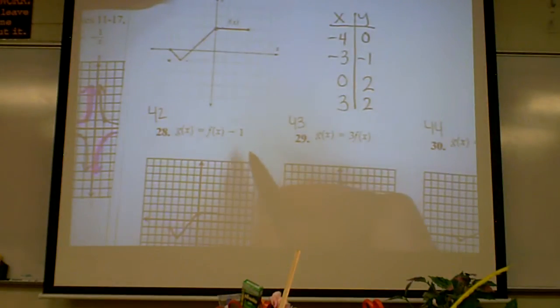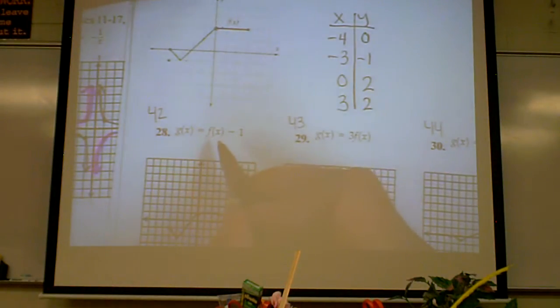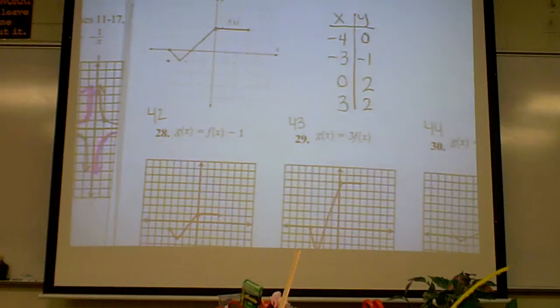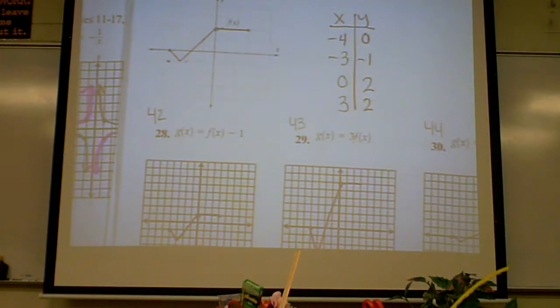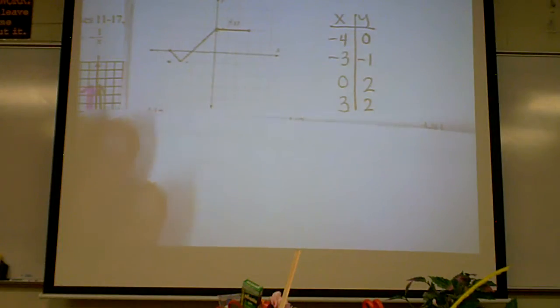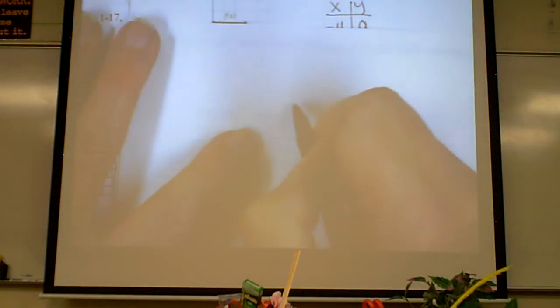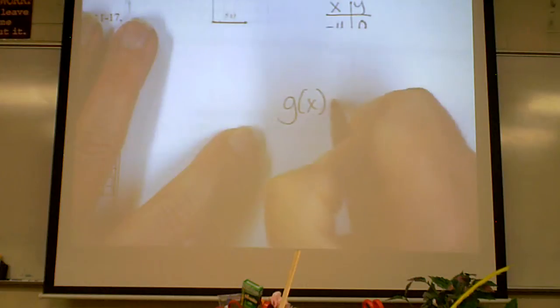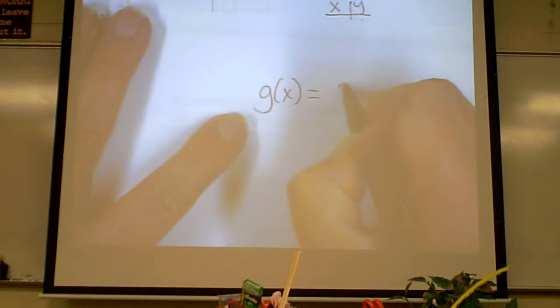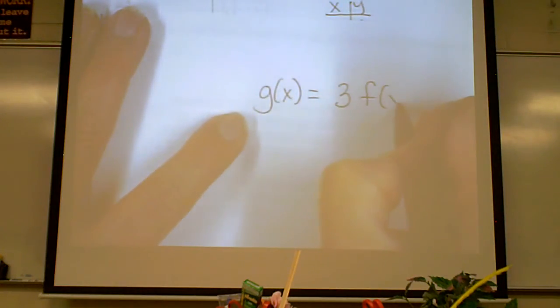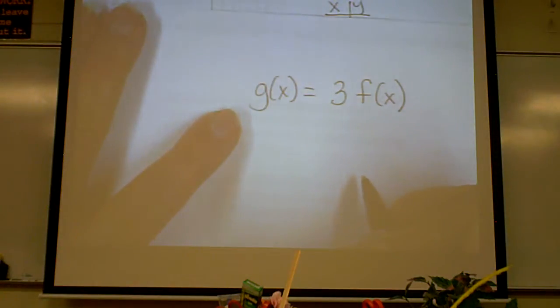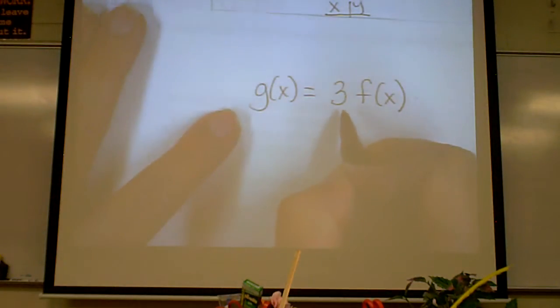So, when you put any kind of a number in front, I'm going to test you, watch this, how smart you guys are. I want you to graph this. What would you do to this problem?